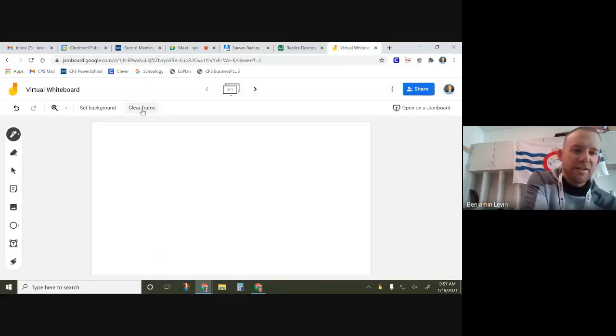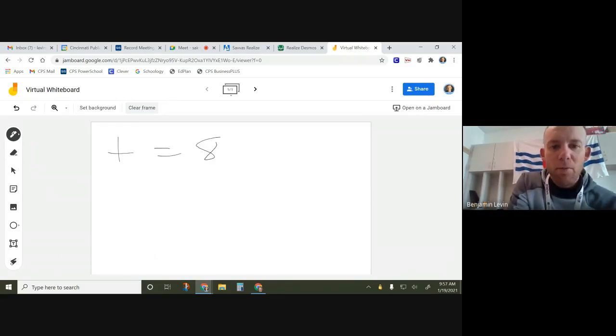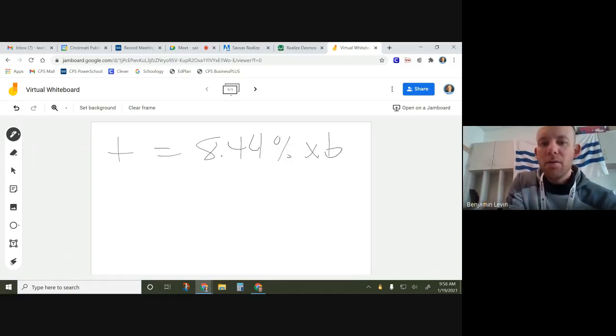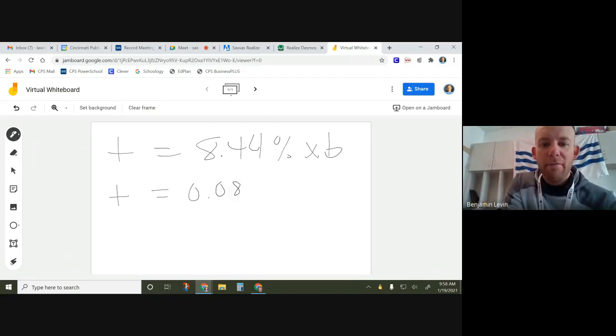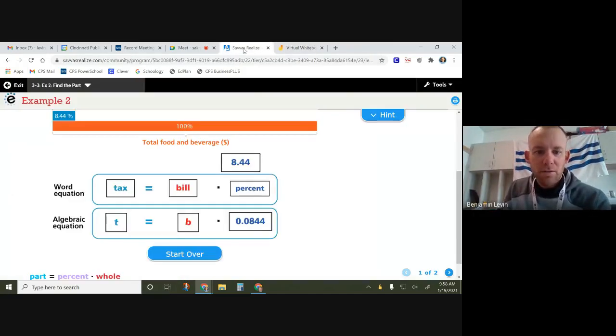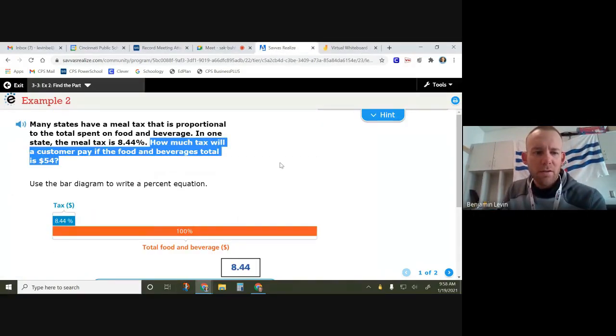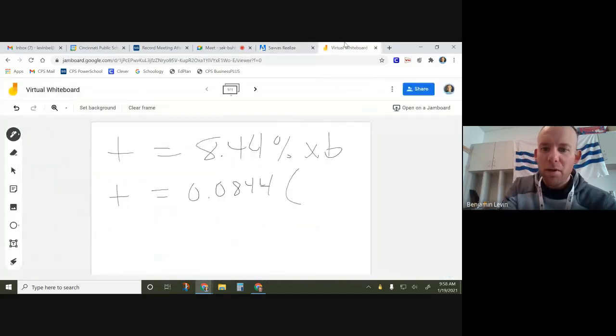Our tax equals 8.44% of the bill. And so the tax equals 0.0844 of the bill, which was $54, right? Yes, $54.